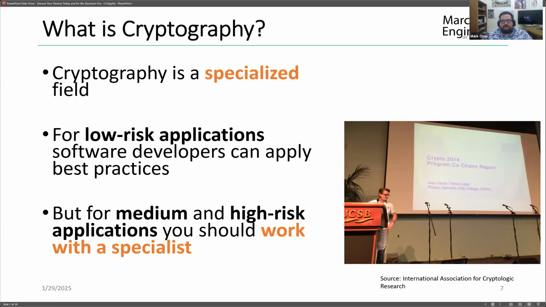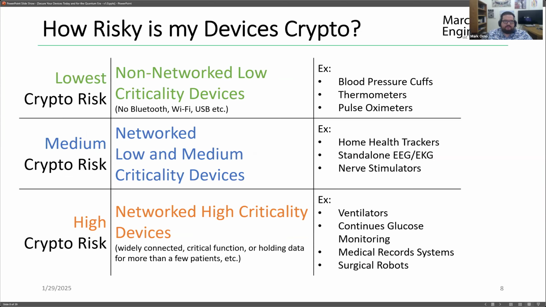But as you move up the risk chain of your system, as your system becomes more complicated, security becomes more integral to what you're doing, that's where you need to really think about engaging with a team or people who are specialists in cryptography to make sure that when you apply it and when you plan for it, you're using it properly and securely.